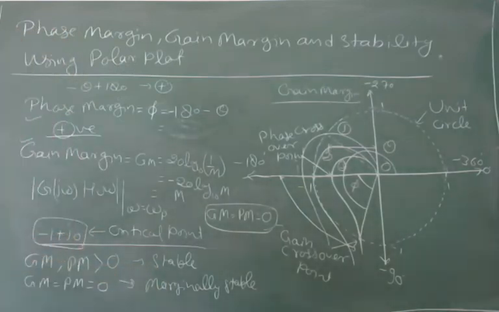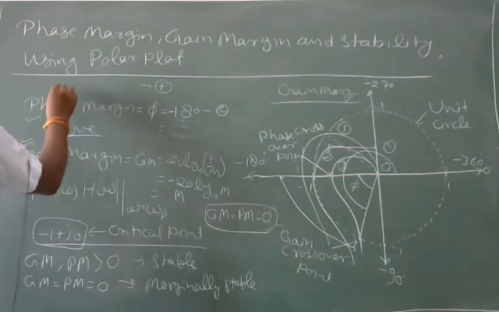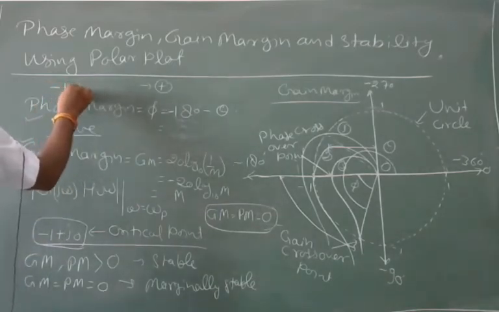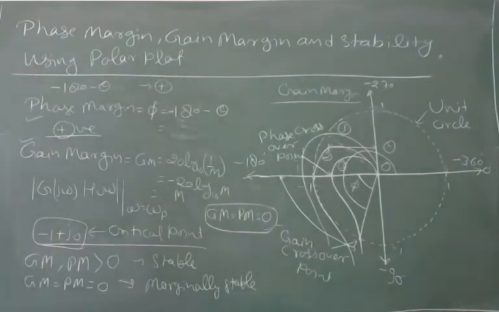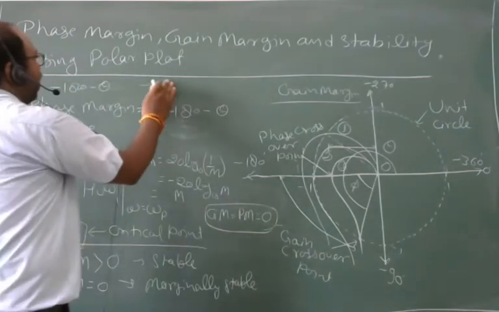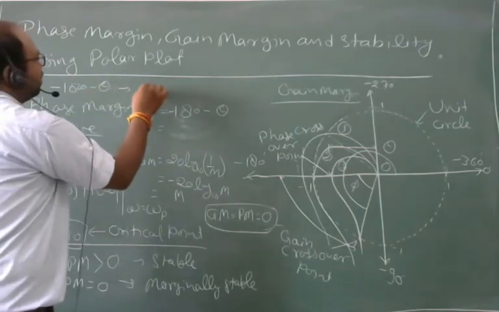This is the right formula for phase margin: minus 180 degree minus theta. And what will be the value of minus 180 degree minus theta?